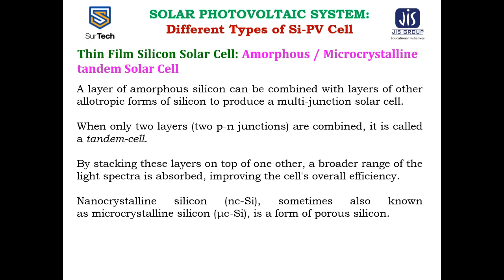This is in contrast to the polycrystalline silicon, which consists solely of crystalline silicon grains separated by the grain boundaries. The difference comes solely from the grain size of the crystalline grains.